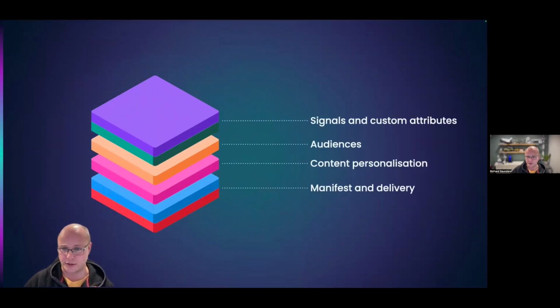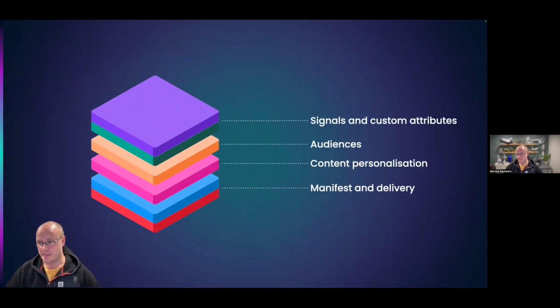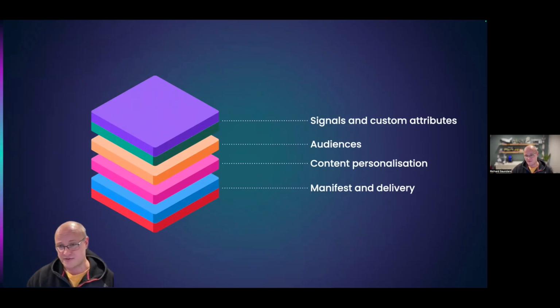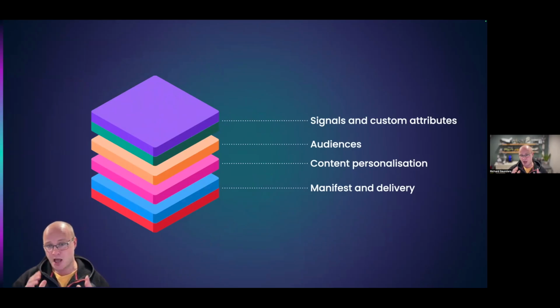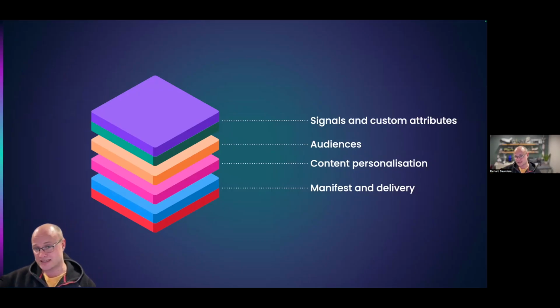We've effectively got these four main areas: signals and custom attributes. These are effectively identifiers as somebody comes to your site that go, okay, this person may be looking at this area of your website, and they may have carried out this task or this task. And from there, we can begin to understand user behavior.